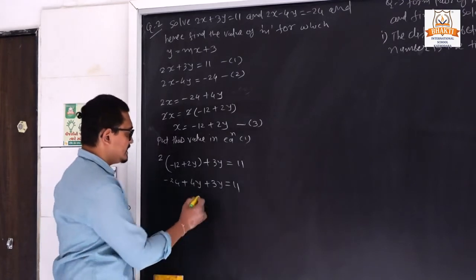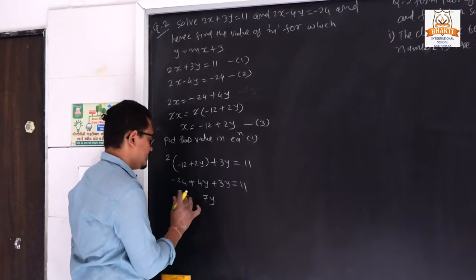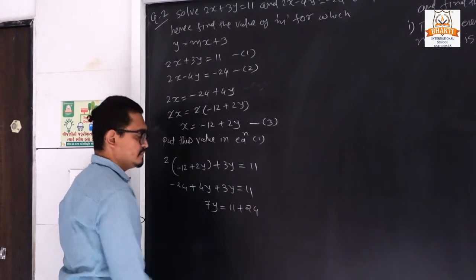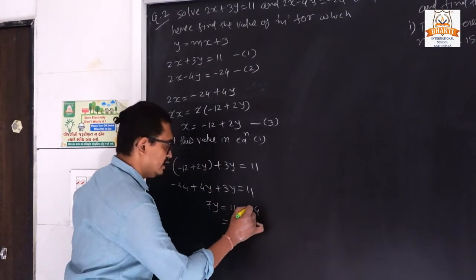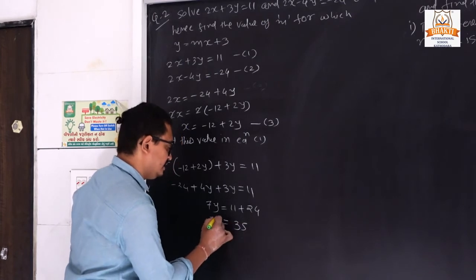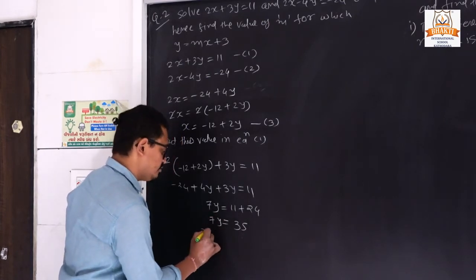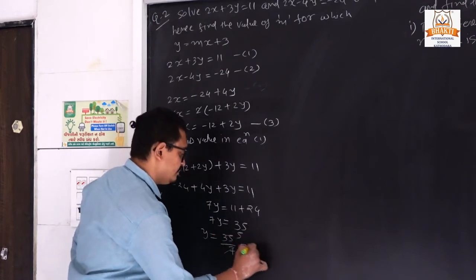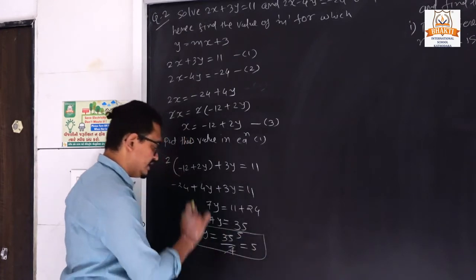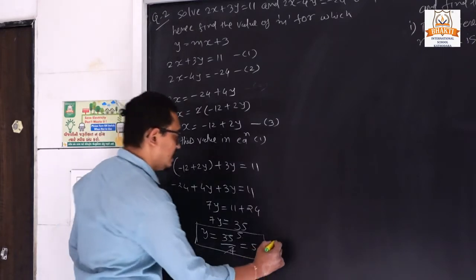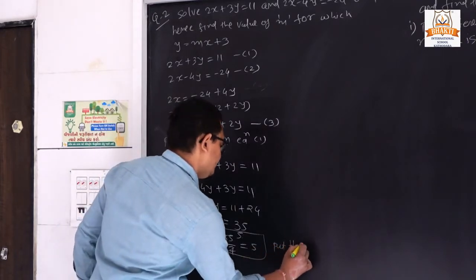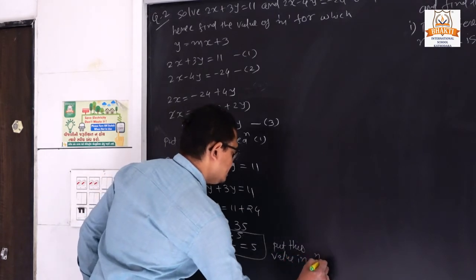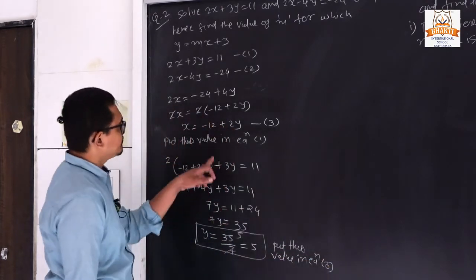So 4 plus 3 it is 7y, and this minus 24 is going second side, so it become plus. So 5 3's are 35. Now this 7 is going second side, so it will be in denominator. 7 5's are 35. So what is the value of y? It is 5.